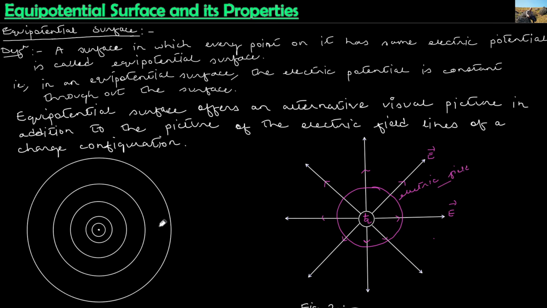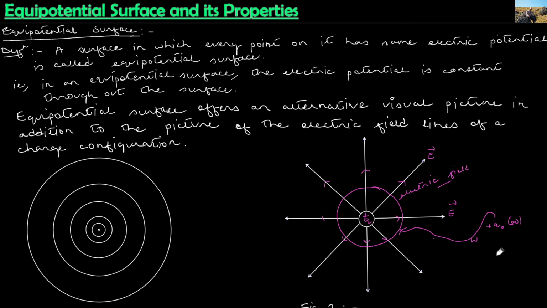Apart from that, we have also learned that if we want to bring a certain charge from infinity, say this test charge plus Q naught, up to this point where the electric field is experienced, I have to do some work.